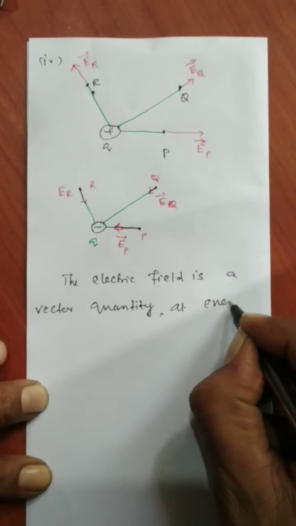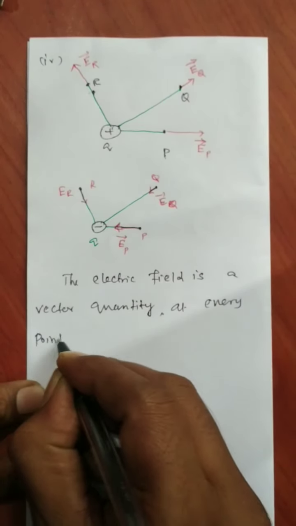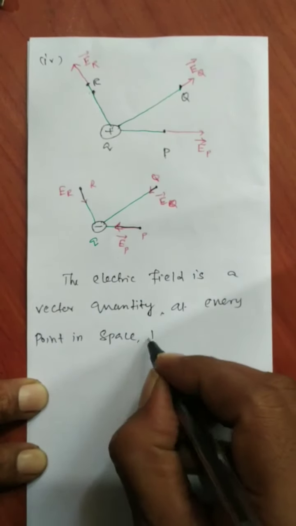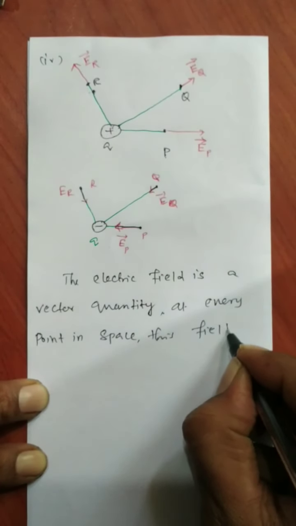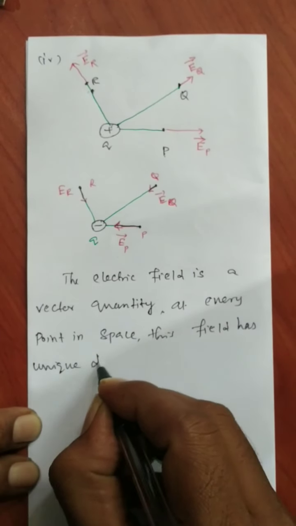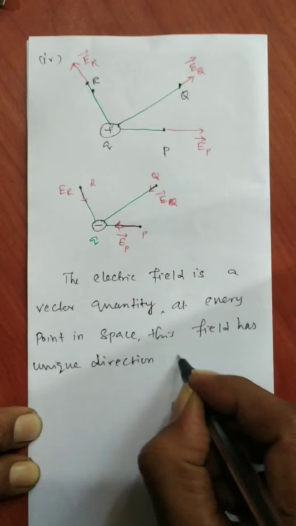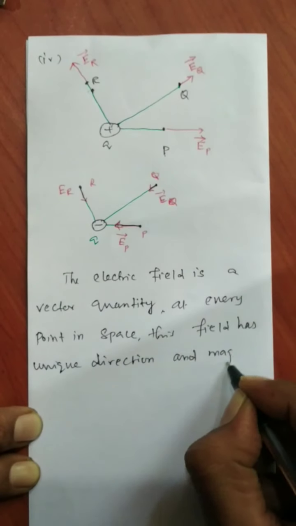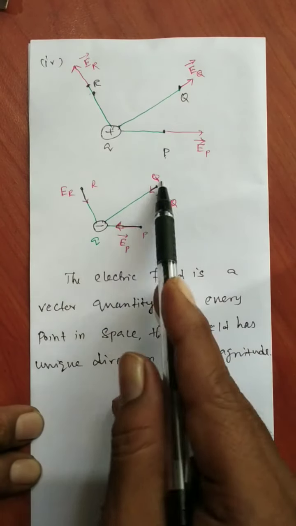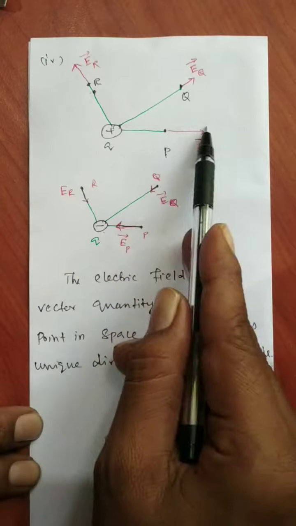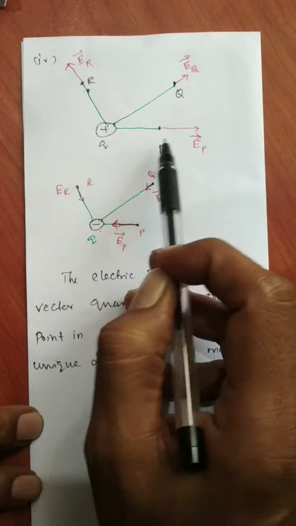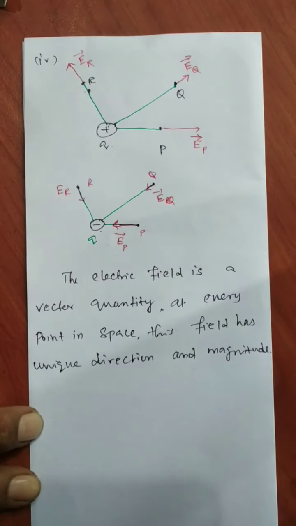At every point in space, this field has a unique direction and magnitude. You can see here, this is a different direction, this is a different direction, and so on, but the magnitude also changes according to the distance at which we have placed the point.